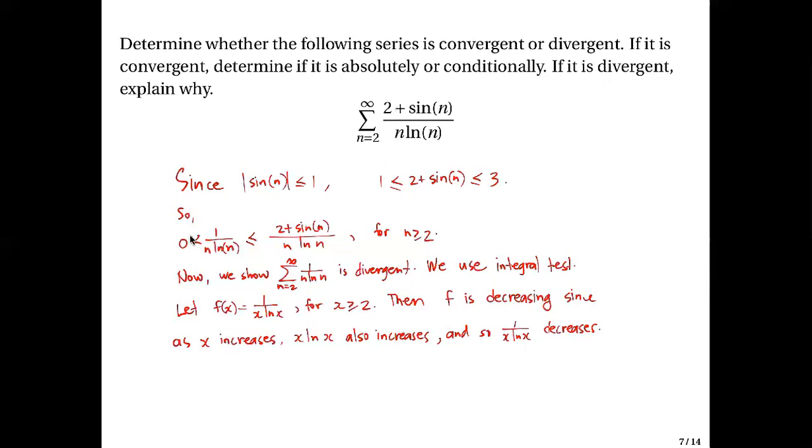And we already know that this guy here is positive. Also, f is positive on the interval 2 to plus infinity. Thus, the integral test is applicable.